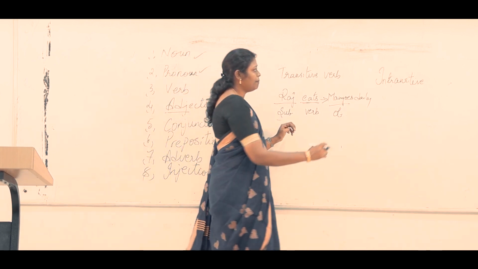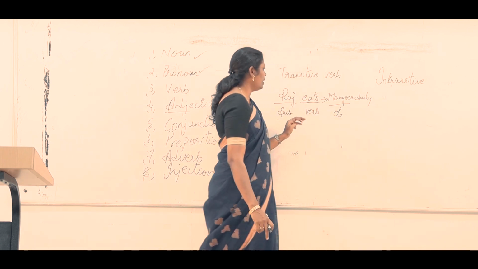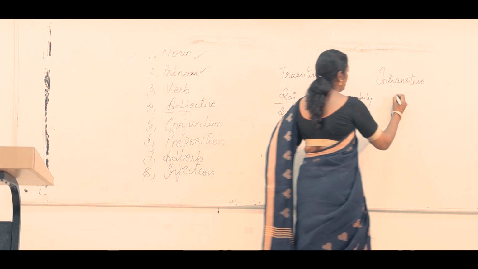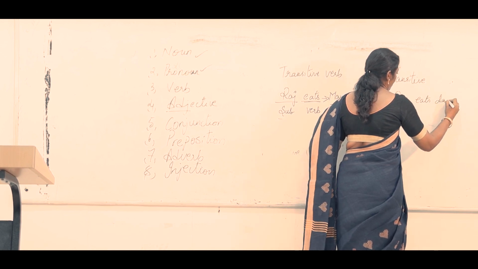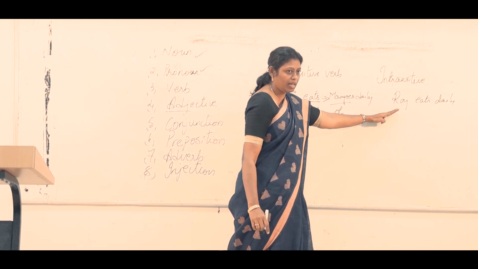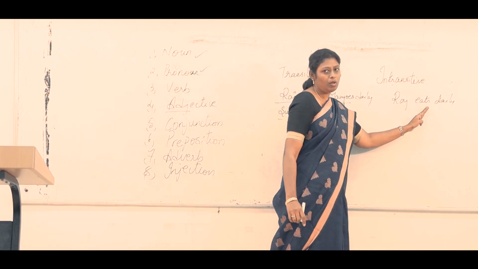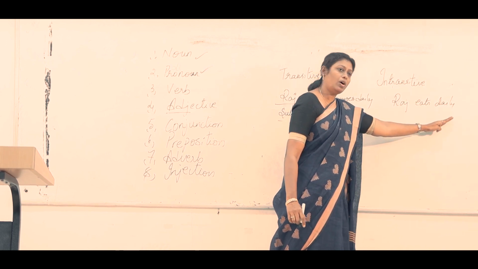Understood? When you come to the next part, that is the intransitive verb, for example, Raj eats daily. When we look at this sentence, Raj is the subject, eats is the verb. Now where is the object? We do not have the object here.